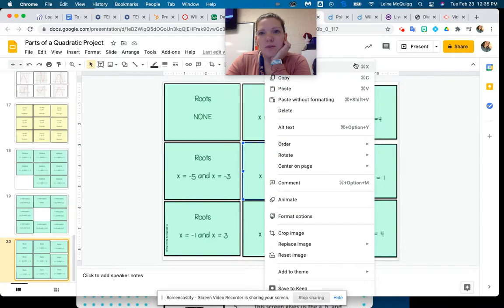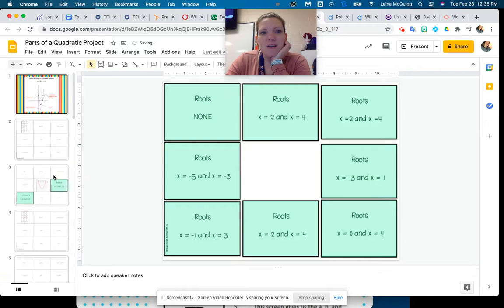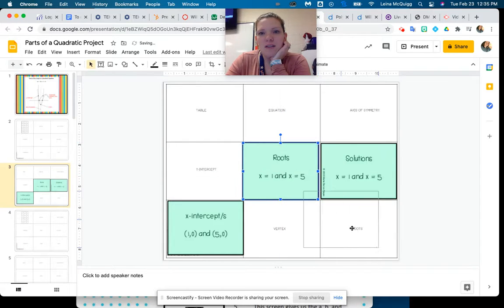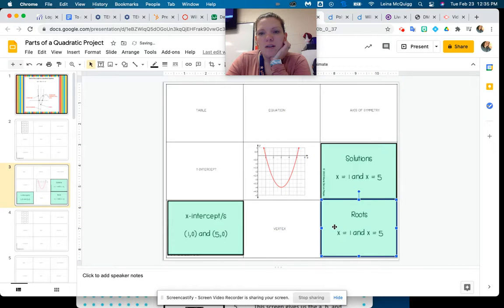I'm going to cut and come up here and paste and drag it to where it goes. It goes on roots. Okay, so all I've done so far was look at my graph and said, well, that's crossing at 1, that's crossing at 5. So these are my x-intercepts, my solutions.